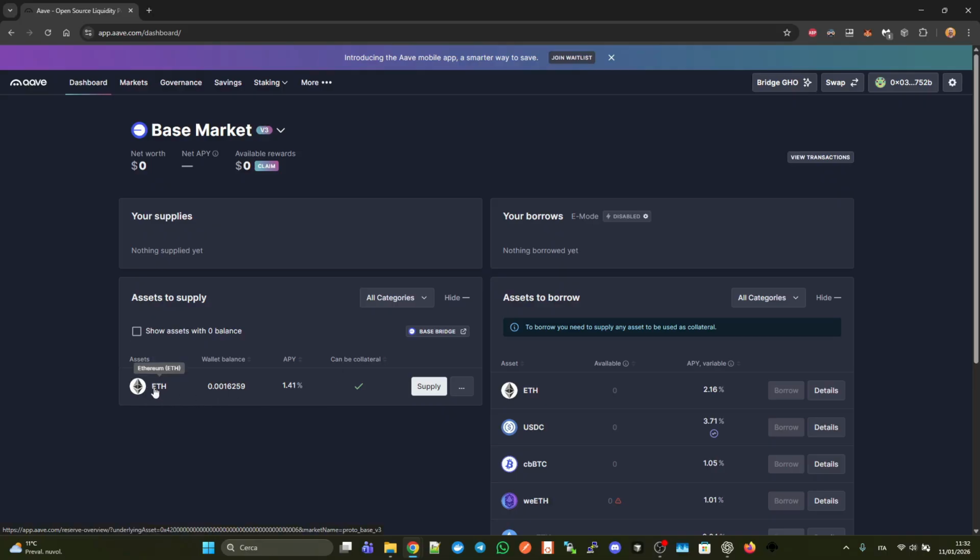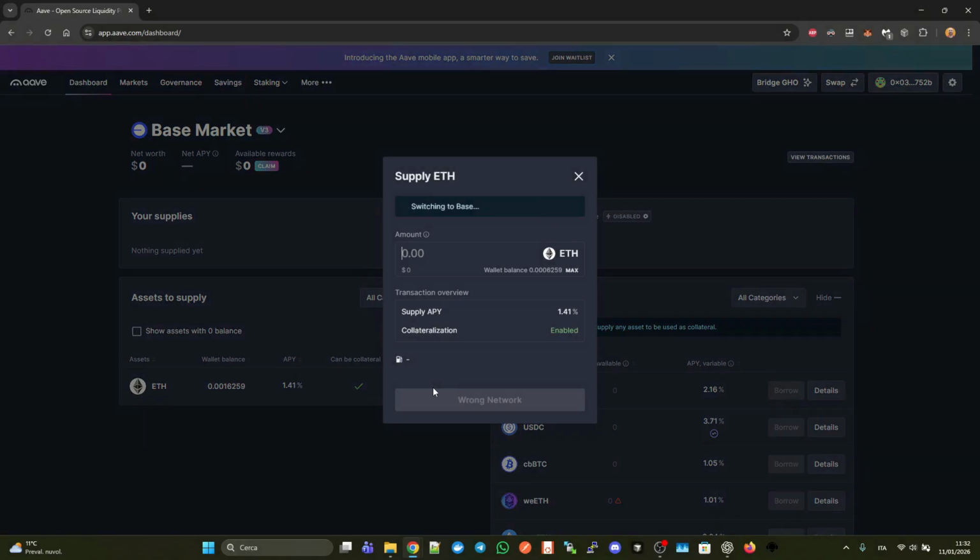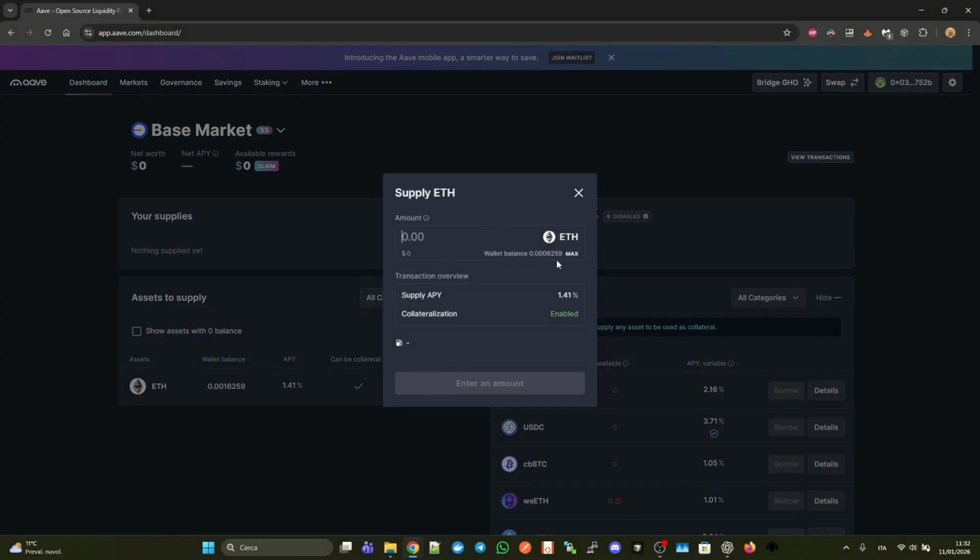Okay, I want to lend this asset to the protocol. So I'm acting here and now as a supplier, as a lender. Let's hit supply. The maximum that I can supply here is $2 worth of ETH.